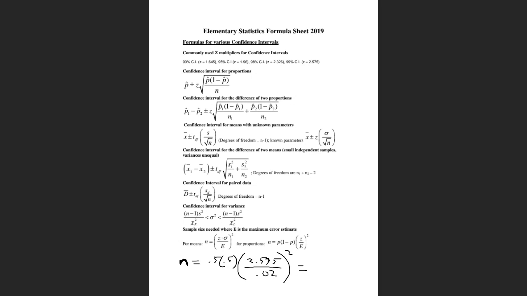Let's see. So 128.75 squared is 16,576 and 5,625. Cool. Now take that times 0.25, and what do you get? Let's see.